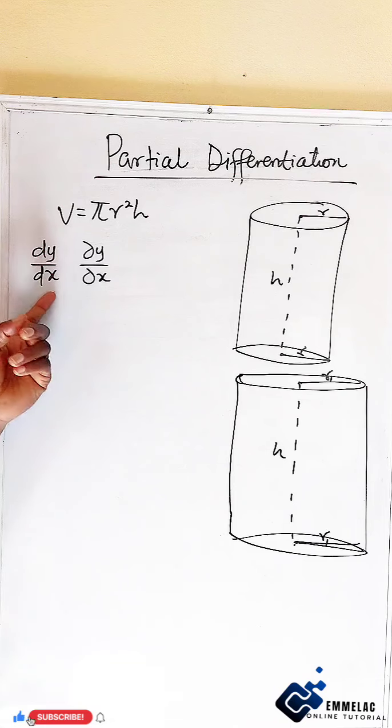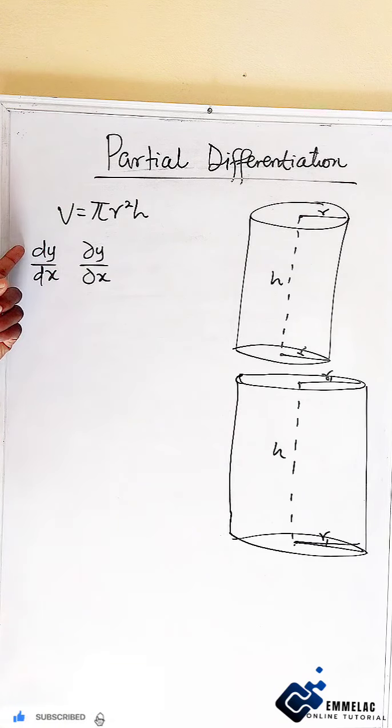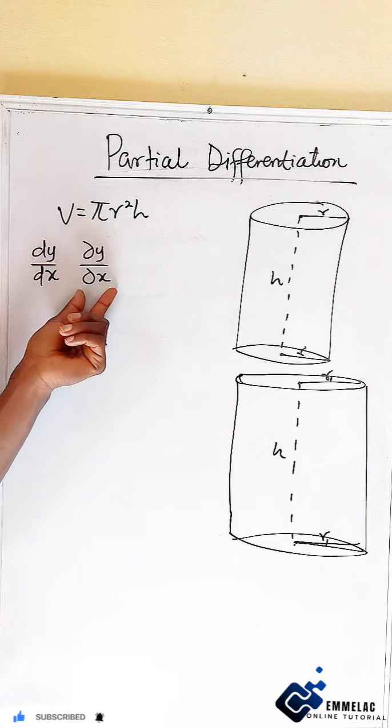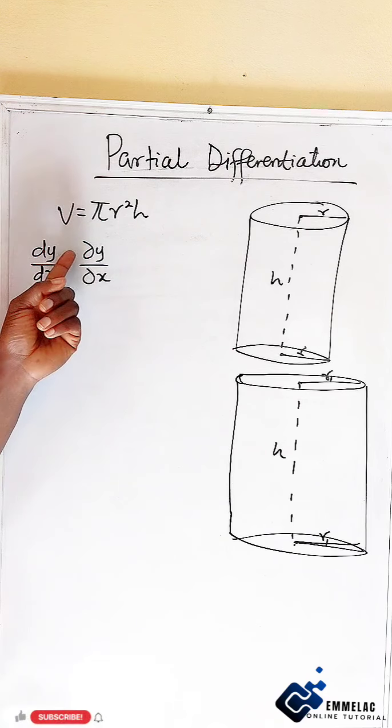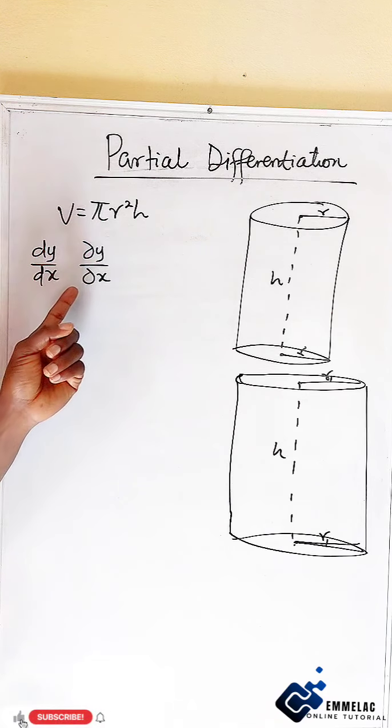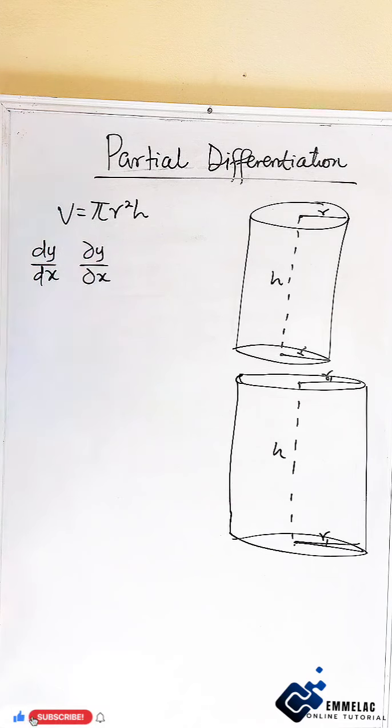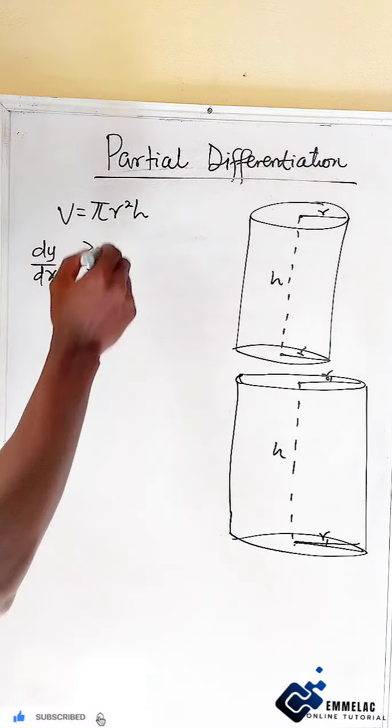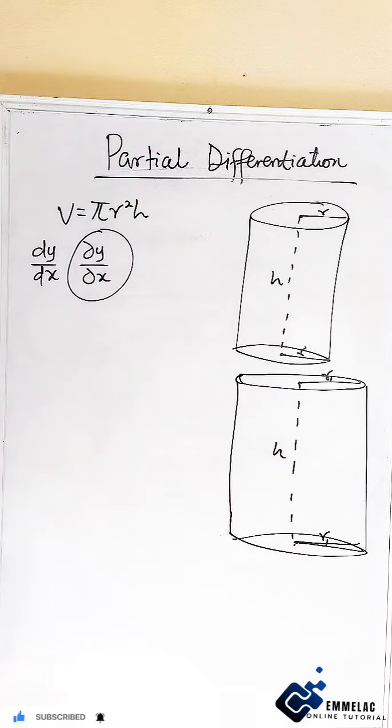This sign implies change in y to change in x, but this sign implies the partial derivative of y to the partial derivative of x. So in partial differentiation, this is what we are going to be using, and this is what is generally used.